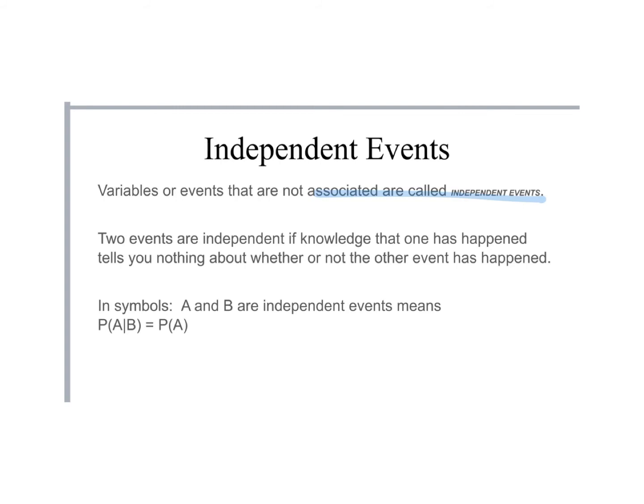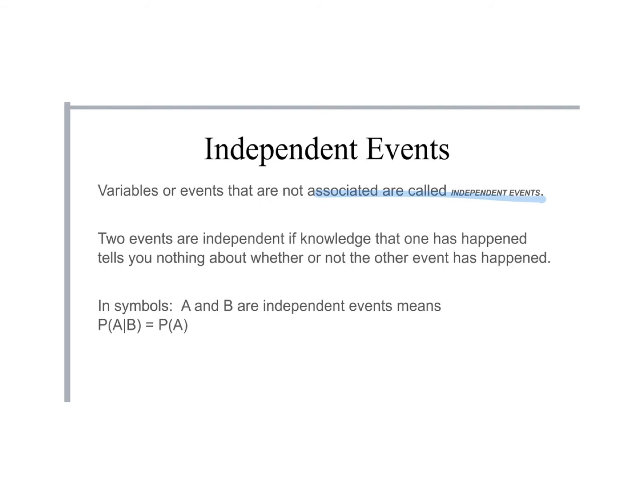Sometimes it's quite simple when you're looking at the problem. For example, let's say I flip a penny and I want to know the probability of getting a heads. And then I'm going to flip a nickel and I want the probability of that getting a heads. Is the probability of getting a nickel heads dependent on the first penny that I flipped? No, it's not. No matter what, it's going to come out 50%.